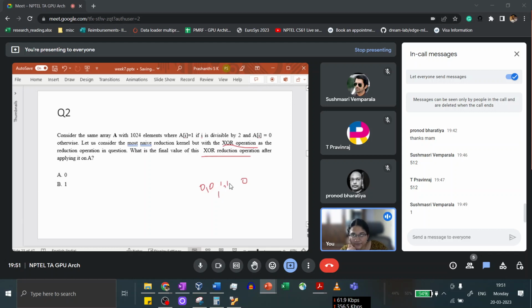Now try and solve this. From the last question, you already know that 512 elements of A are zeros and 512 elements are ones. Now think about what happens if you reduce it.